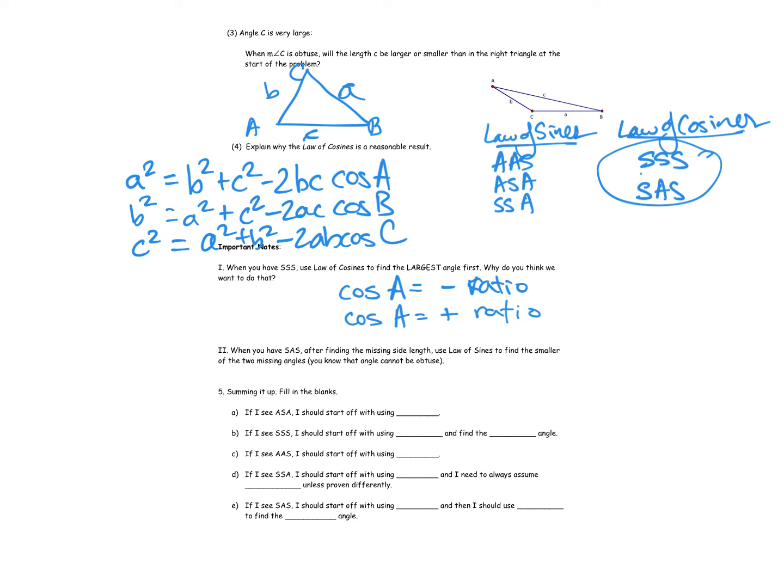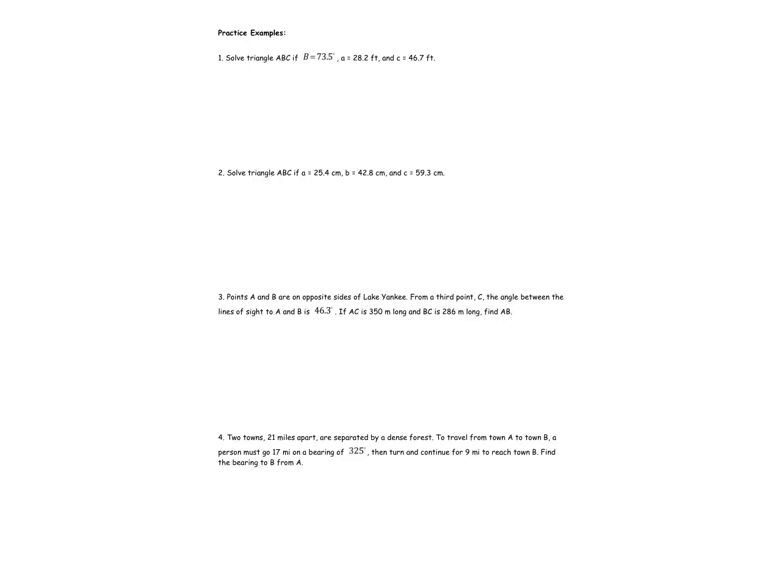The reason I find the smaller is that it can't be an obtuse angle, because you can't have two obtuse angles in a triangle. So I know the smaller one has to be acute, so I can ensure that I'm finding the right angle there.